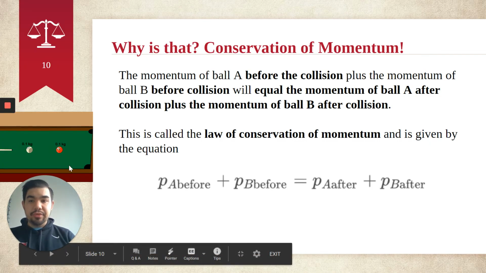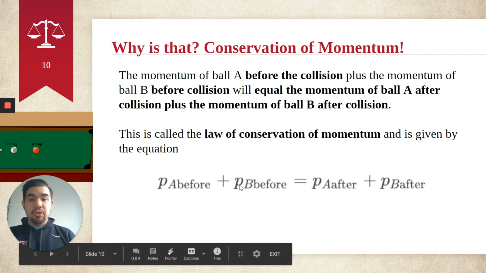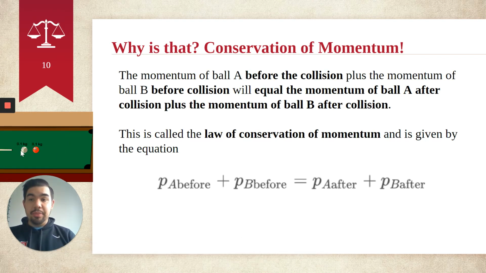All right, so in this example of two pool balls, let's say we have the momentum of ball A, this white ball, before the collision, and we add it to the momentum of the other ball, the red or orange ball. That total momentum is going to be the same as the momentum of the white ball after the collision plus the momentum of the red ball after the collision. You can see before the collision, the white ball is moving, but the red is not.